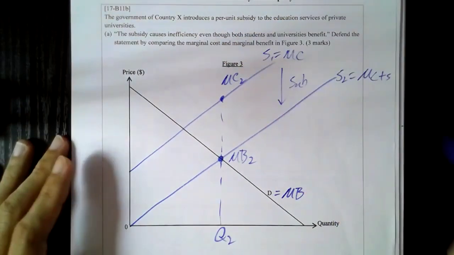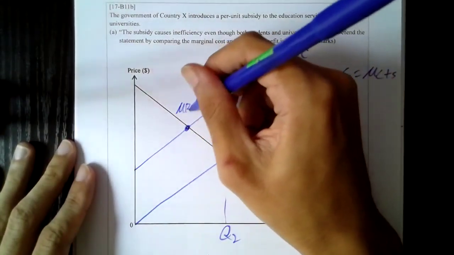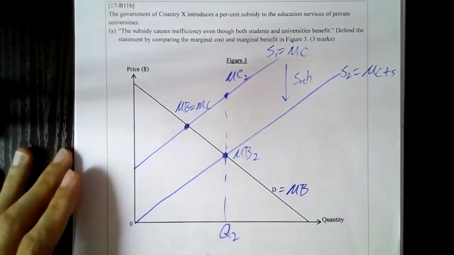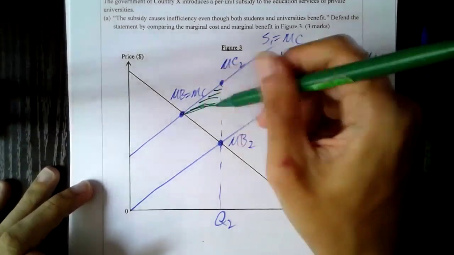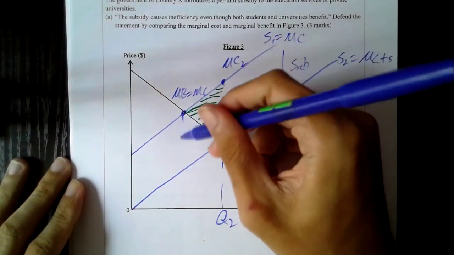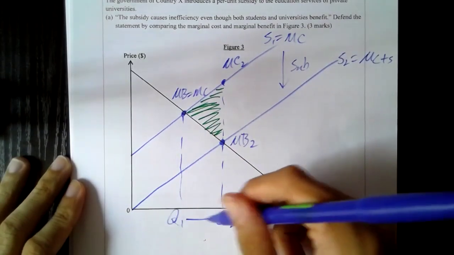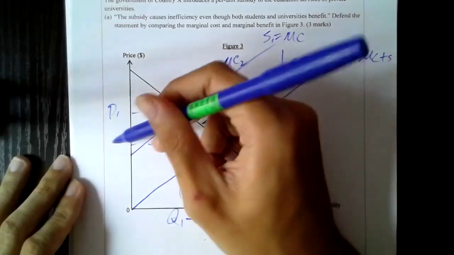MC is right here. While the efficient point, where MB equals MC, should be here. Now, you will see this is the deadweight loss. Now, let's complete the diagram with these.